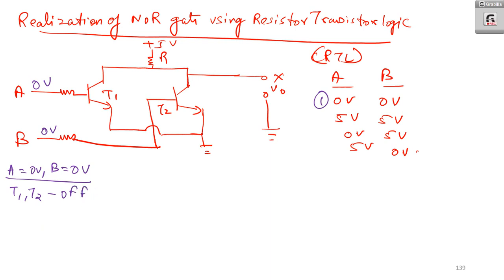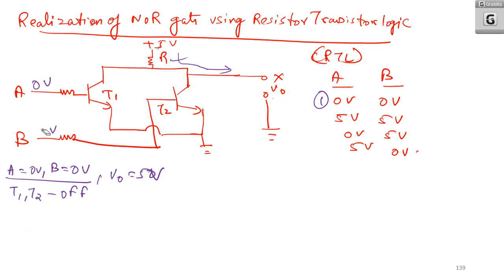If T1 and T2 remain off, then the output voltage is directly the voltage across this resistance. That is, this V naught is approximately equal to 5 volt. You can complete the circuit like this. That is when A is equal to 0 and B is equal to 0 volt. Next case.